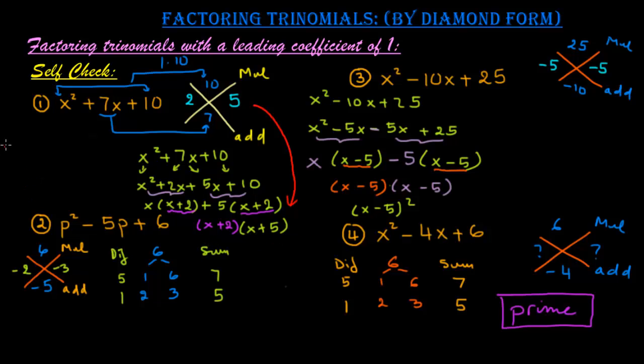So the answer looks like x with a blank, and then x with a blank, and the blanks are filled in by the diamond form pair, positive 2 and positive 5. So we have x plus 2 times x plus 5 as my answer.